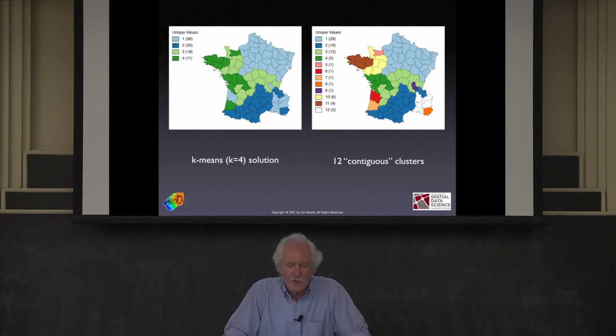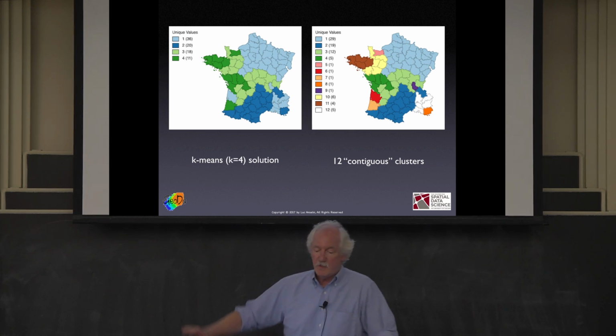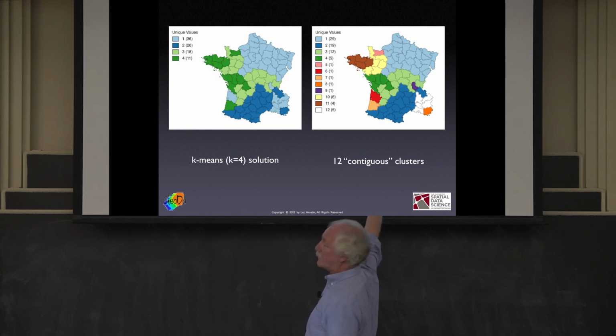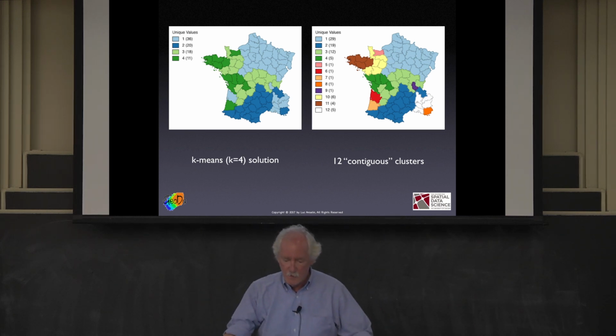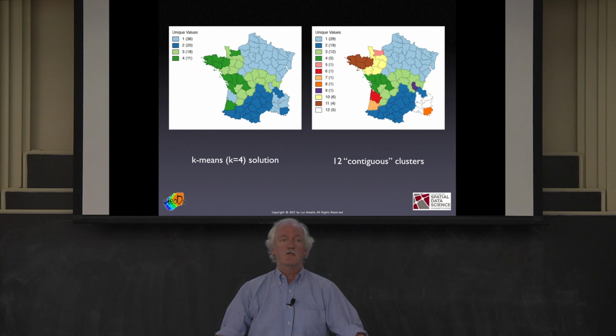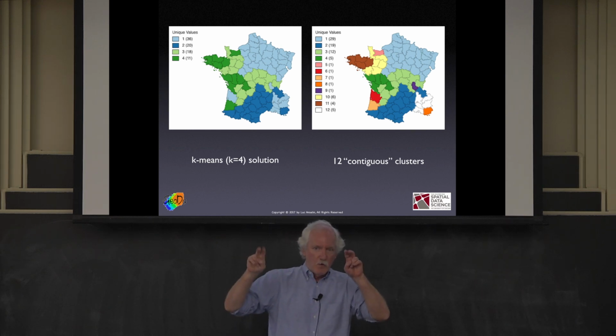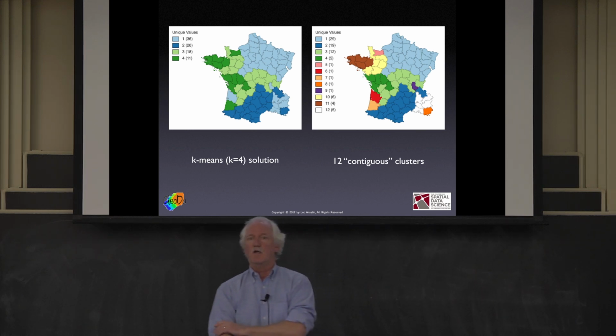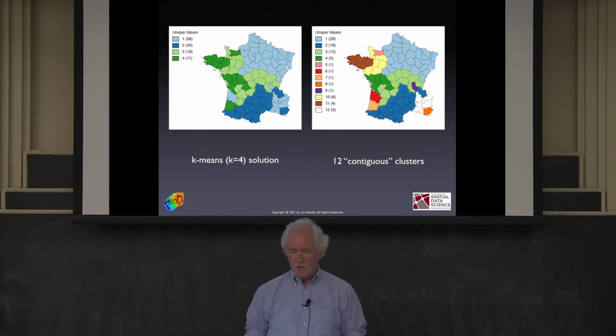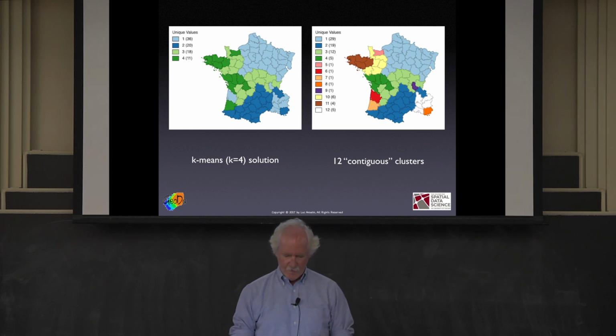Cluster 4 also has 4 different pieces. Cluster 2 has 3 different pieces, and cluster 3 has 2 different pieces. So then if we make each piece that is kind of unconnected its own cluster, we end up with 12 clusters, including several singletons. A singleton is not really a cluster. It's just a single observation, right? So you end up with contiguous clusters, but they're not that useful.